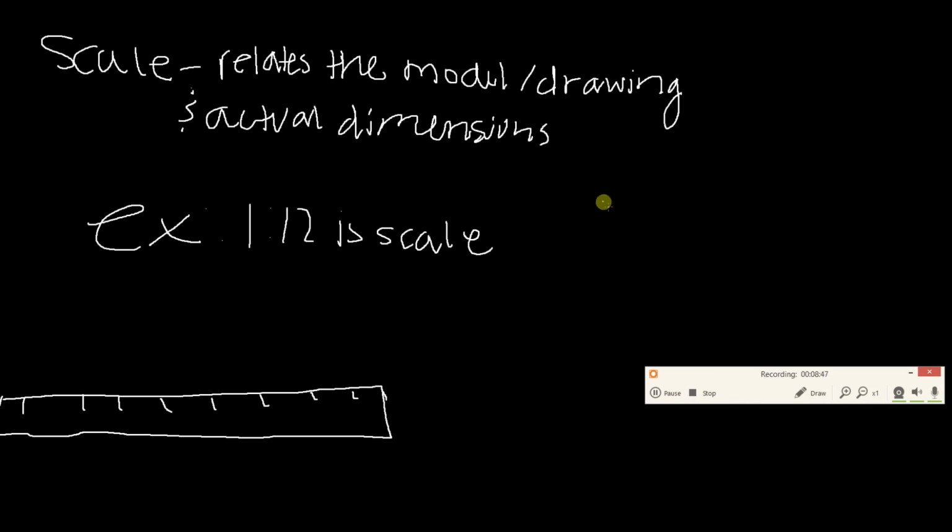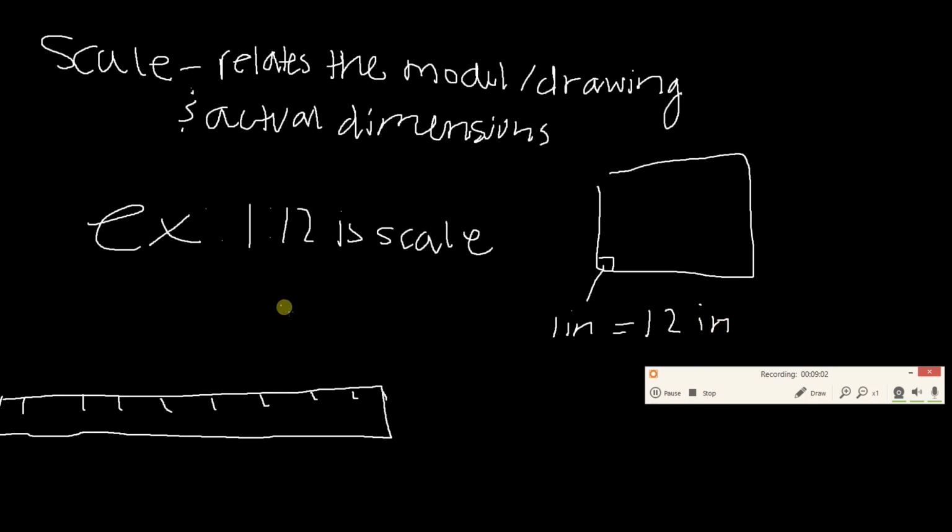So if this is 1 inch, it equals 12 inches of the actual model, which is huge. Let's pretend that this is 12 inches, okay? That's that whole chunk right there.